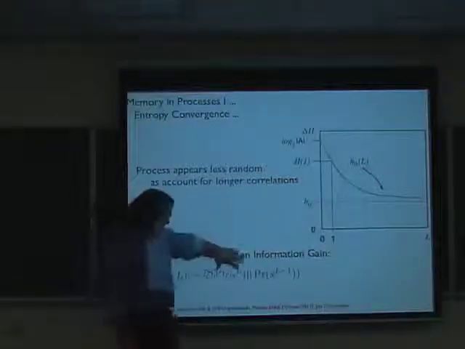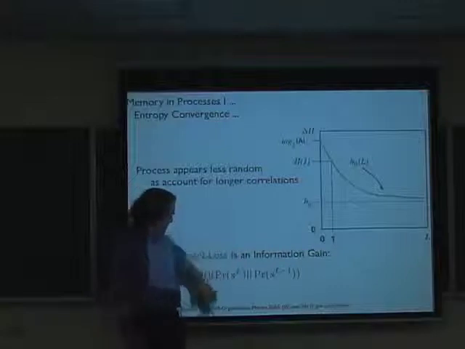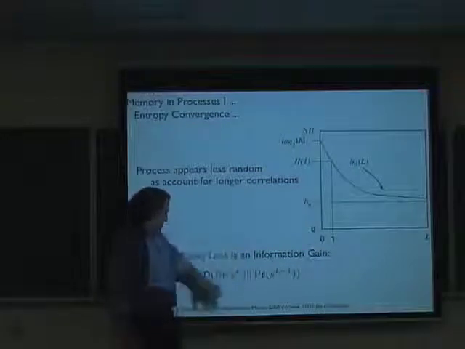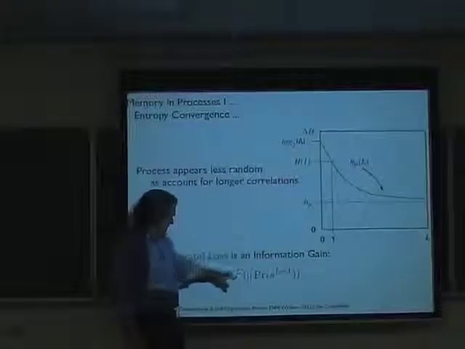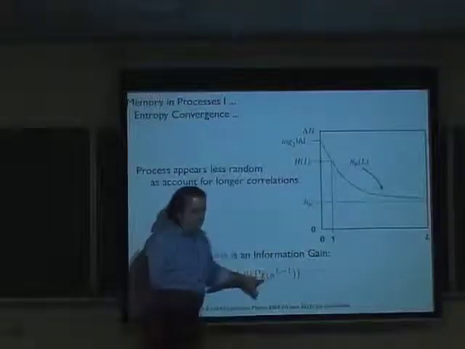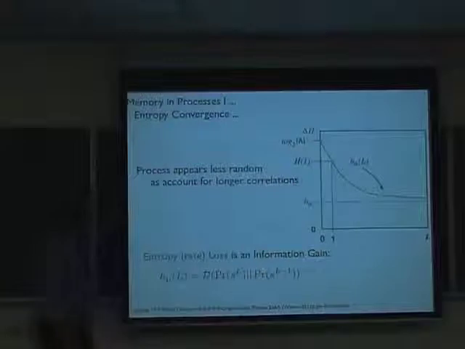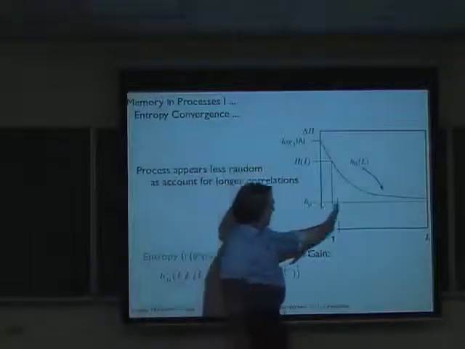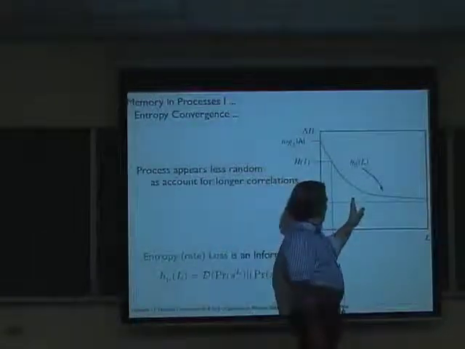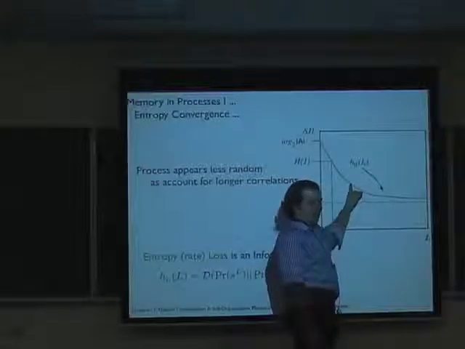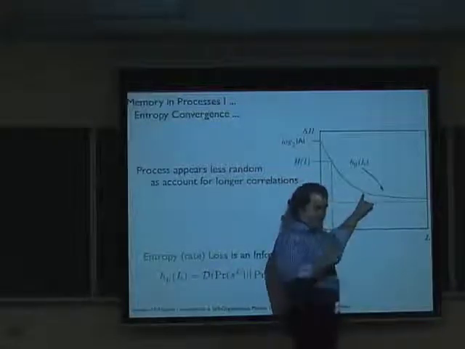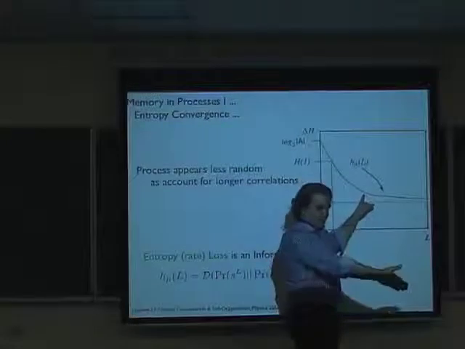It's the statistical distance, with quotes around the word distance, between the distribution over length L words and words one symbol shorter. If I go from length 7 words to length 8 words, my estimate of how random the process is drops. Therefore, my ability to predict improves.